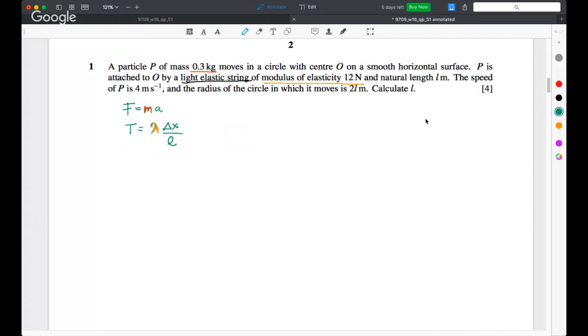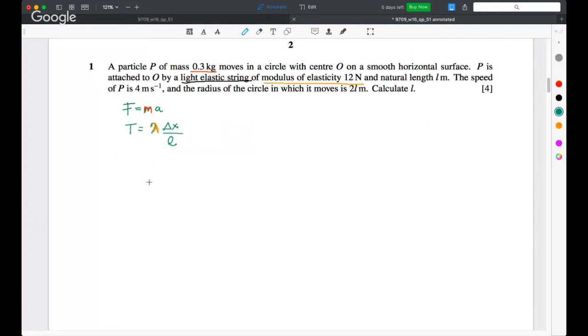And the last equation that we're going to need is that mv squared over r is equal to ma, or, well, more simply, rotational acceleration. Forgive the graphics tablet problems.